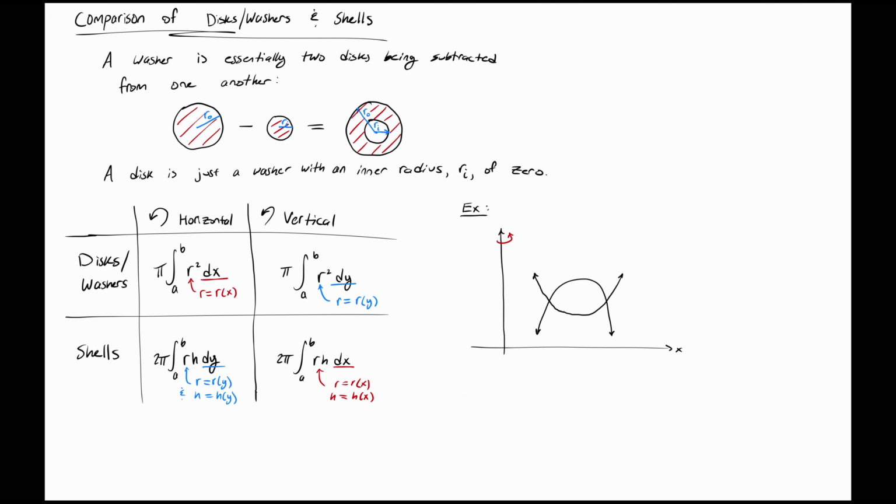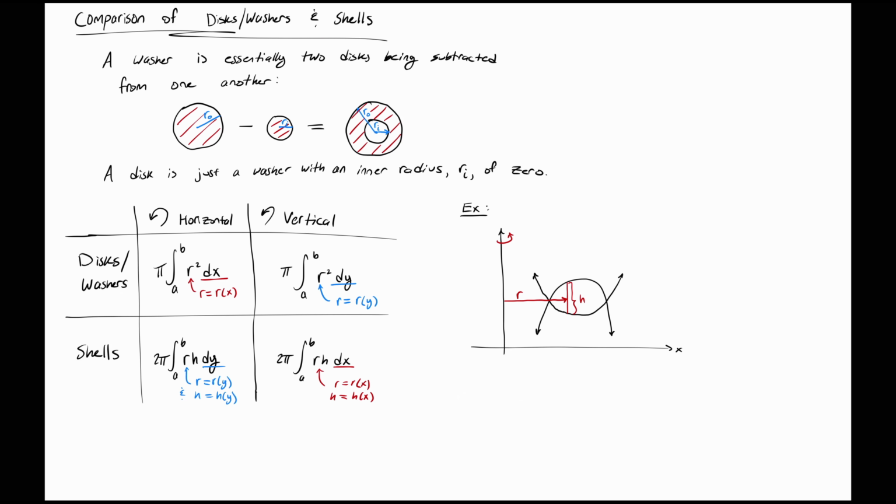Why is that? Because you draw a slice parallel to the axis of rotation. And then if you consider this distance, this represents your radius, and the length of this segment represents the height.